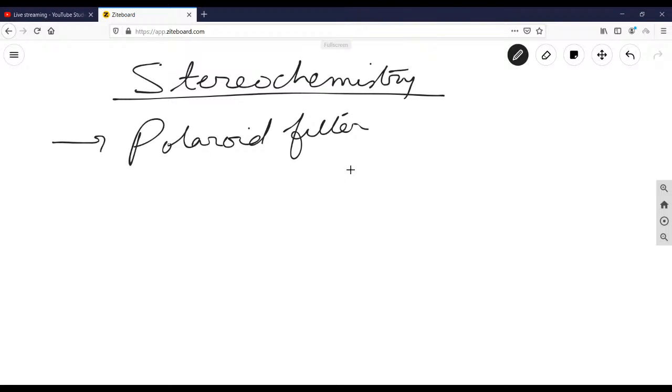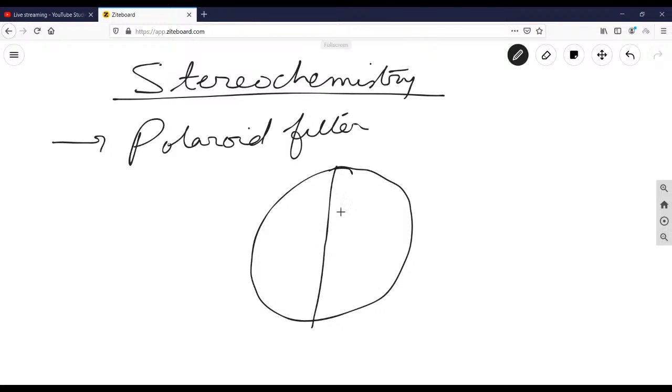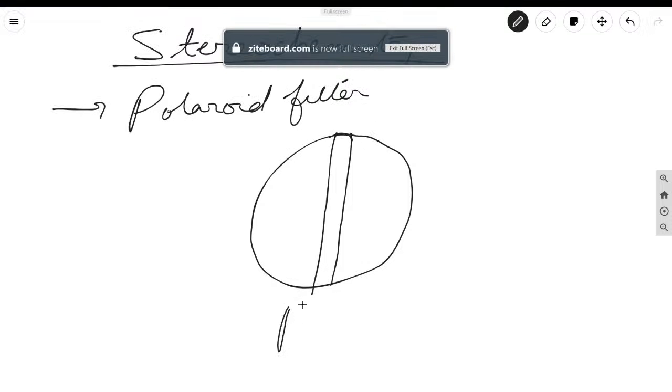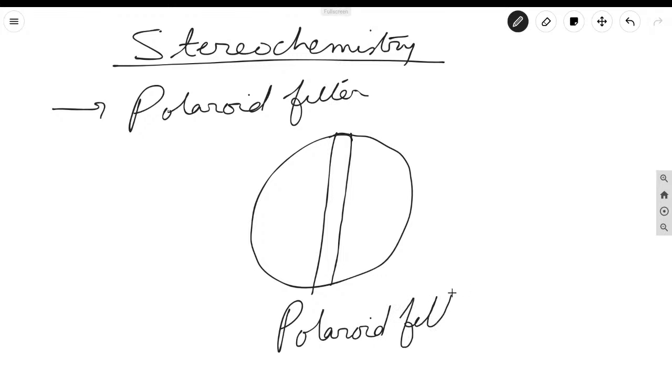So suppose this is the Polaroid filter, and this is the axis of the Polaroid filter. Now you have unpolarized light. I'm only taking two axes here, not making it three, it will make it complicated.